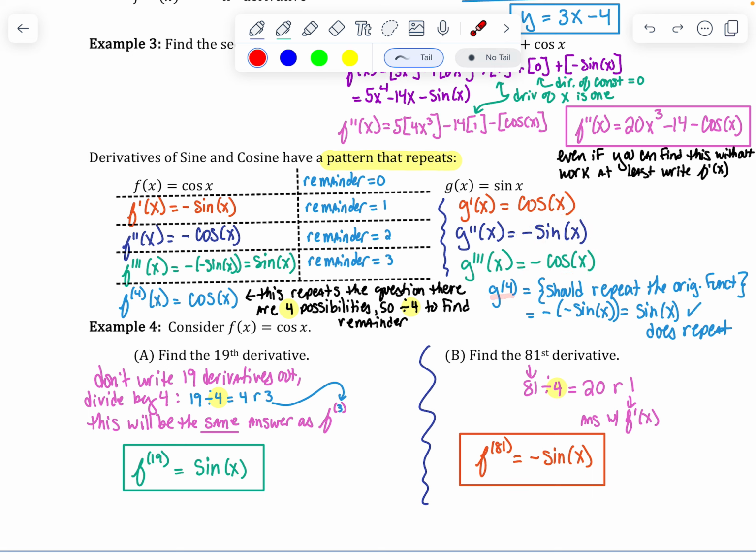And then when I get to the fourth, it should equal the question, but remember, I've got this negative sign that I'm leaving, and the derivative of the cosine is negative the sine, but a negative times a negative is positive. The fourth derivative did repeat the question. So instead of being asked the 81st derivative of the cosine, I could be asked the 81st derivative of the sine.